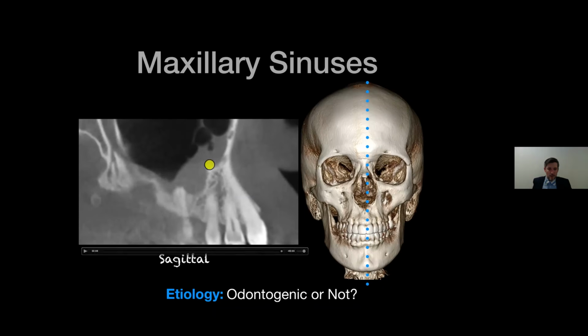In this example, the sinus floor did look smooth and continuous. I didn't see any sort of erosion through the sinus floor. And so this would be an example of a sinusitis. This mucosal thickening was not due to an infected tooth.